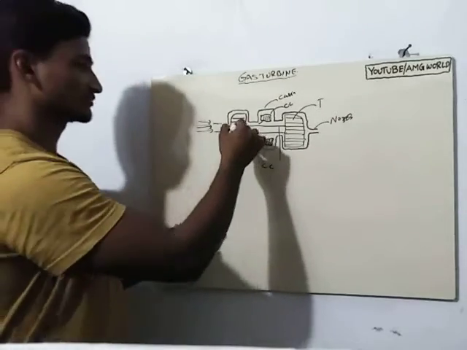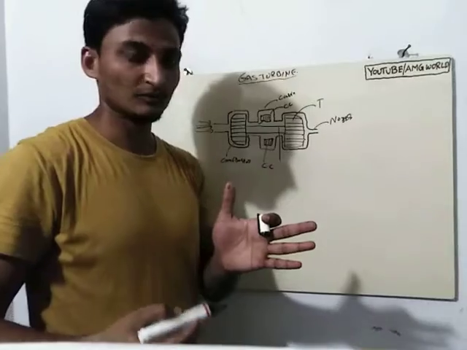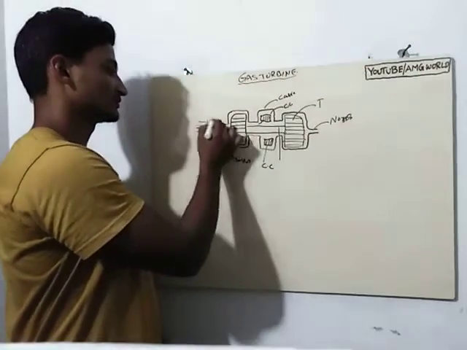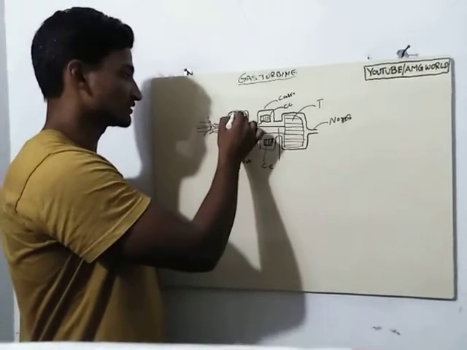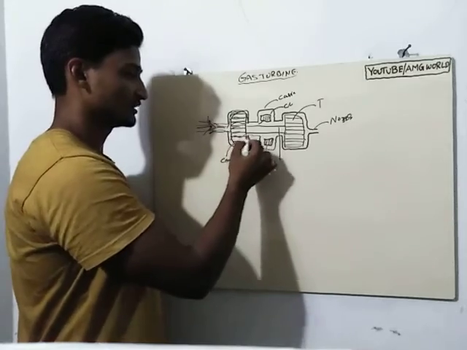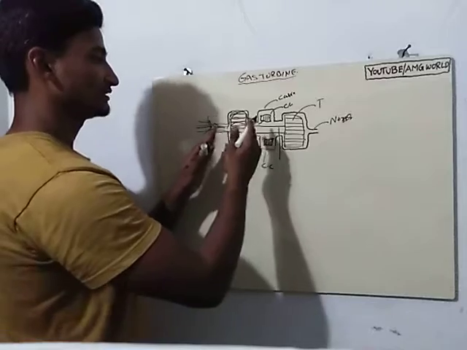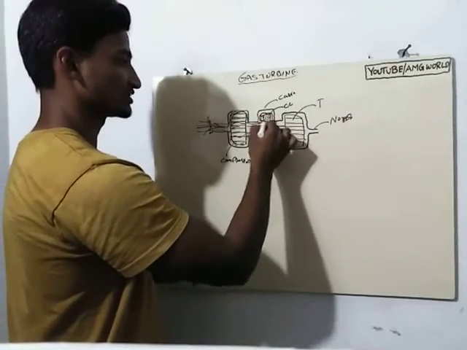Here comes the compression, and when the compressor starts to rotate, it sucks air from the atmosphere. It increases the pressure of that air, and it forces it towards and through this combustion chamber.